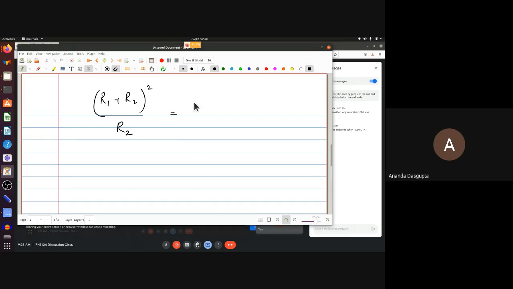Then you should be able to use plain algebra, not even calculus, to find out the answer. I will not tell you how, but I will just ask you to work on it. So use algebra to minimize.